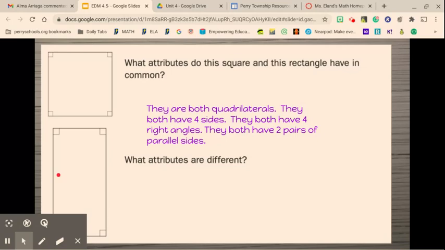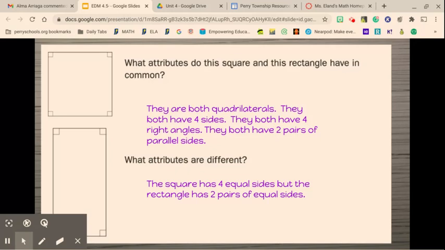And they both have two pairs of parallel sides. So the top and the bottom, the left and the right. What makes them different? The square has four equal sides, but the rectangle has two pairs of equal sides. So the top and the bottom are equal, and the left and the right are equal.